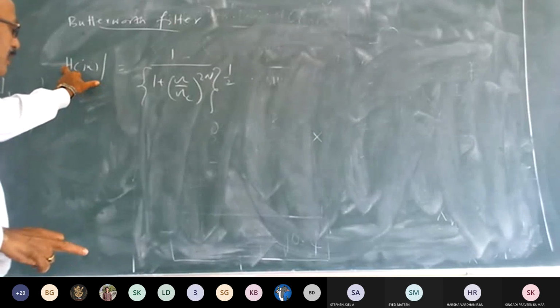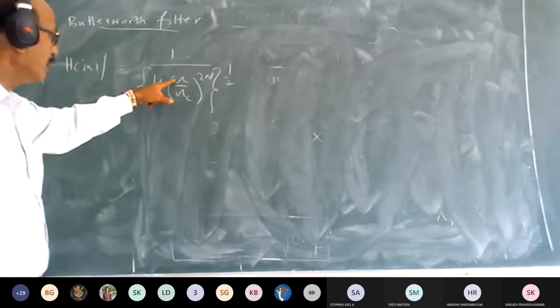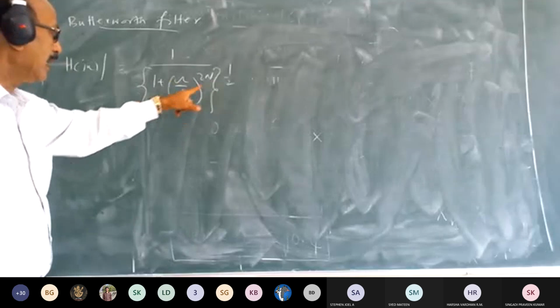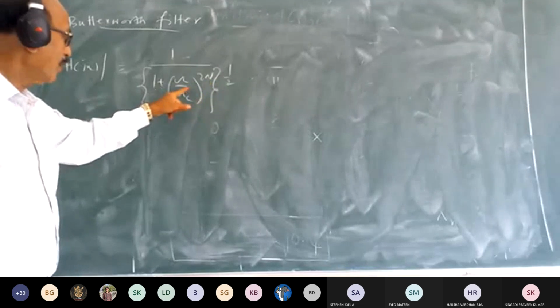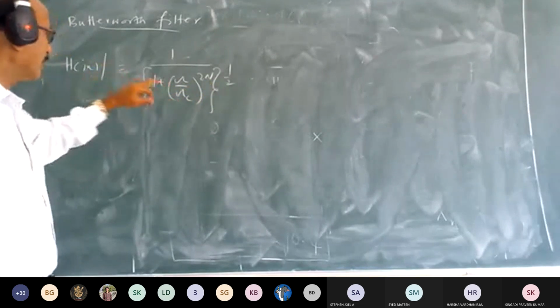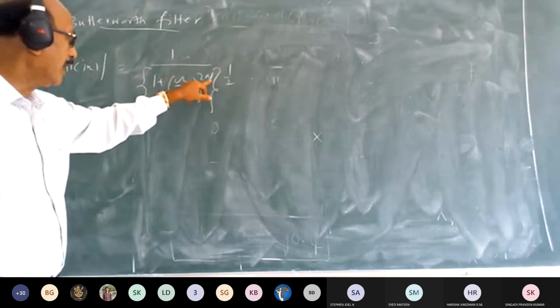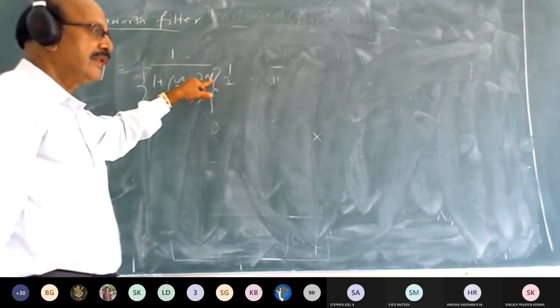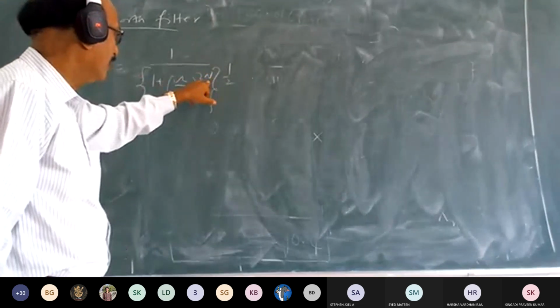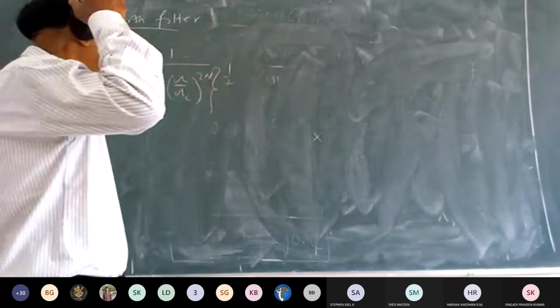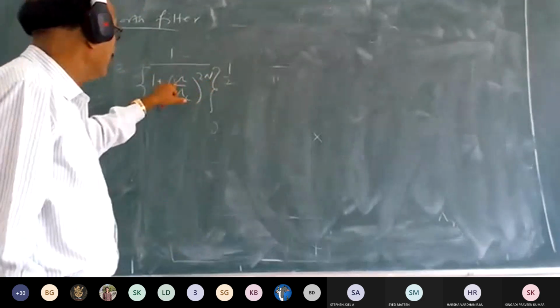Here the magnitude H of j omega depends upon three values, namely omega, omega c and n. If omega c is fixed, then it depends upon two values only, omega and n. n is the order of the filter, and omega is the frequency.